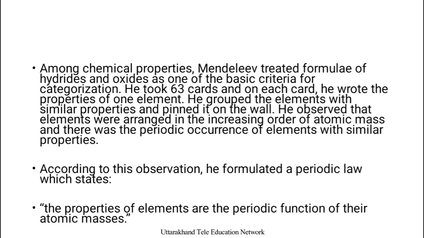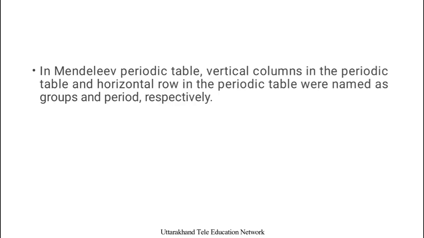According to this observation, he formulated a periodic law which states that the properties of elements are a periodic function of their atomic masses. The chemical and physical properties of elements are periodic functions.